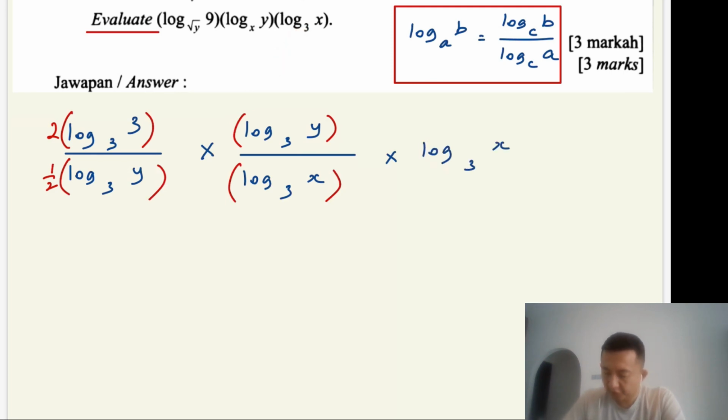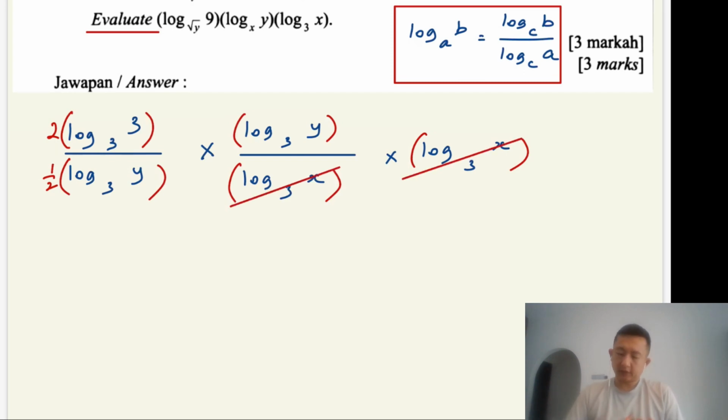Can you see now how we simplify it by cutting it off? I bet you can see it now. So let's do the cutting now. Log 3 x is gone. What else? Log 3 y is gone.